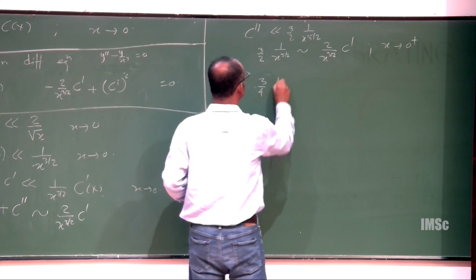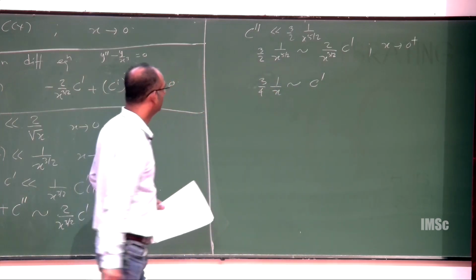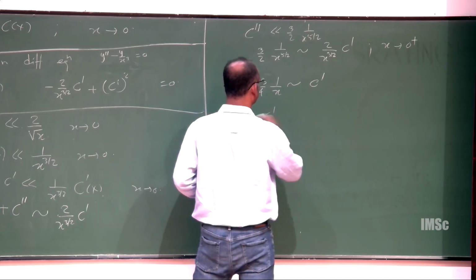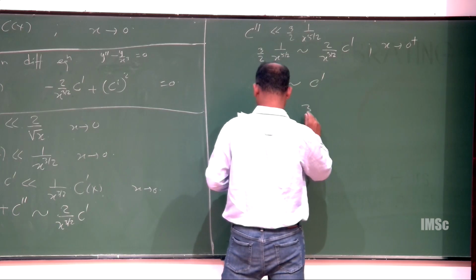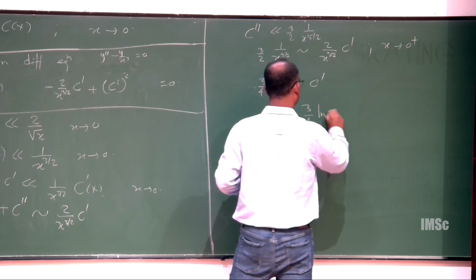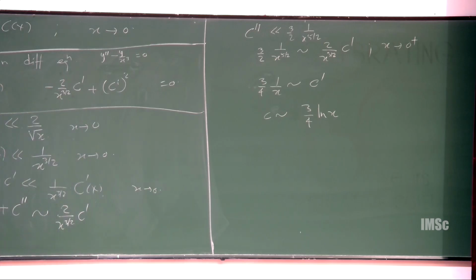This is 3 over 4, 1 over x is asymptotic to c prime, right? So c is asymptotic to 3 over 4 log of x. Is that okay? Just doing an integral of 1 over x gives you log of x.